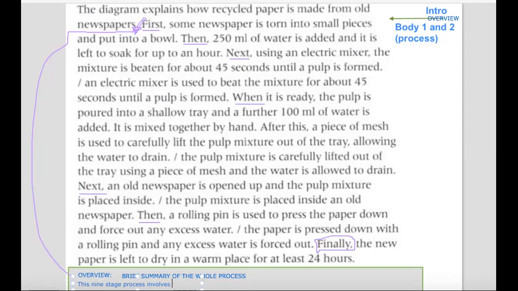Okay, so let's think about what the main stages were. So this 9-stage process involves, maybe we could talk about soaking pieces of newspaper. This is what we do in the beginning.